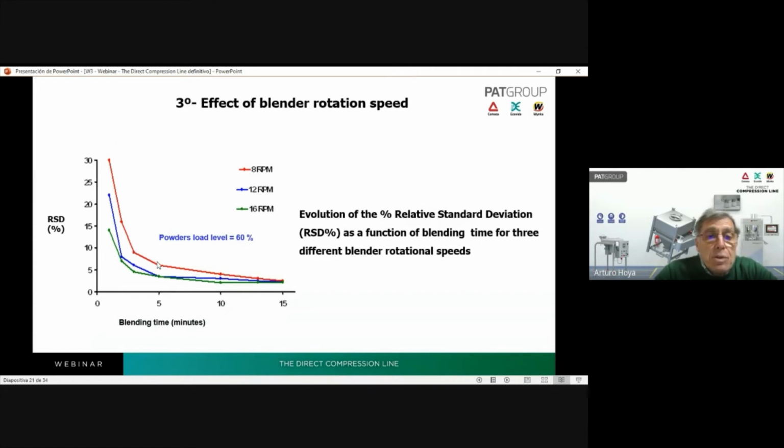The dispersion reduces in this way. When you use 16 RPM, very fast, you need less time to obtain uniformity. So speed of rotation is a critical variable to keep in mind for an adequate blending.